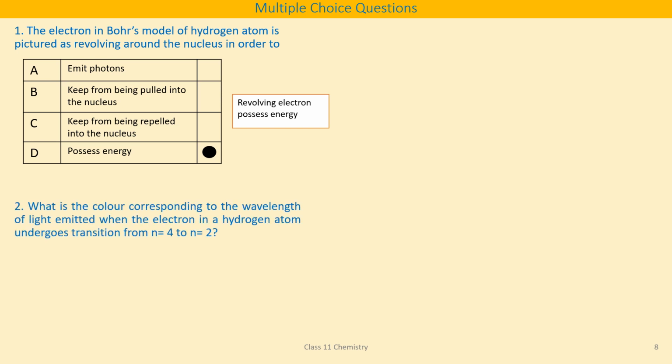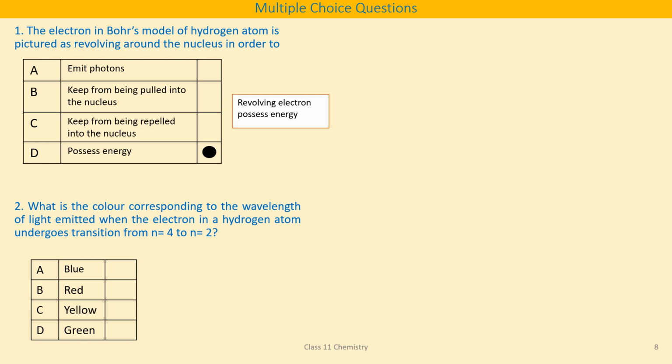Next question. What is the color corresponding to the wavelength of light emitted when the electron in a hydrogen atom undergoes transition from n is equal to 4 to n is equal to 2? 4 options are given.